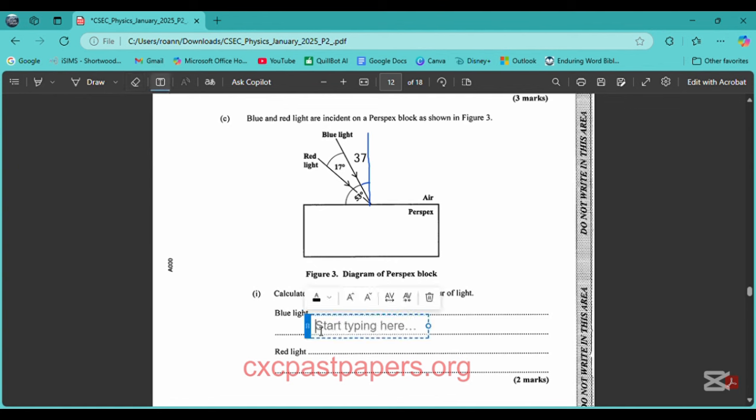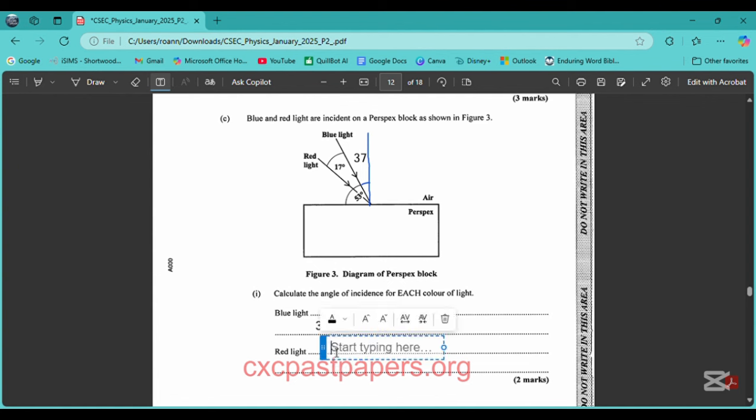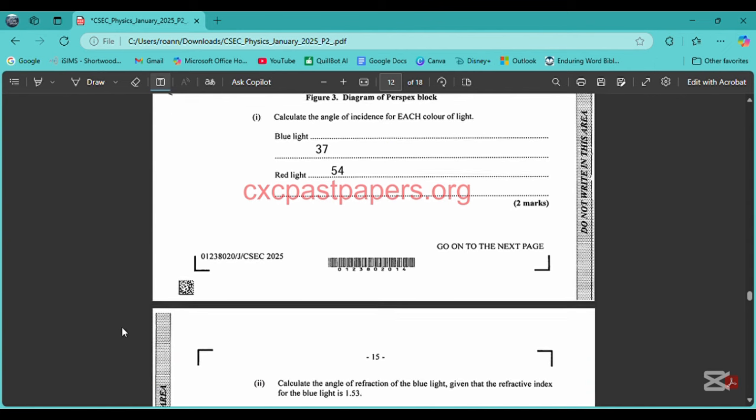So the angle of incidence is 37 degrees. And then for the red light, it would be 37 plus 17, which would give us 54. So therefore, the angle of incidence for red light is 54 degrees.